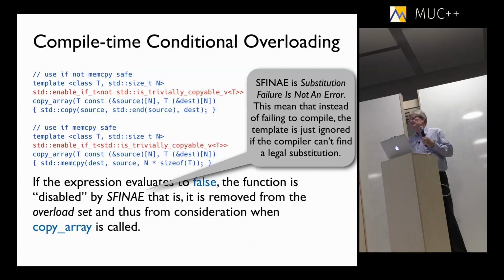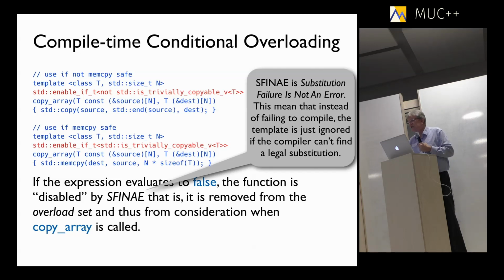Now, there's a bunch of rules about what's in scope and all that kind of stuff. Let's just ignore that for now and just say there's a bunch of things called copy array. So that's this overload set. This is a candidate set. The next thing the compiler has to do is figure out which of them are viable. In other words, if you pass only one parameter and there's a copy array that has two parameters, obviously it's not viable, right?